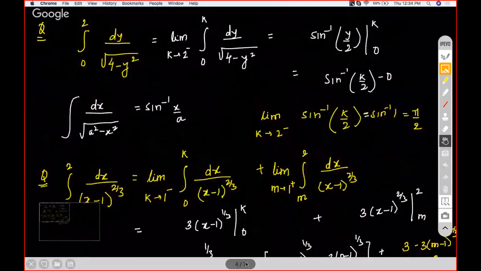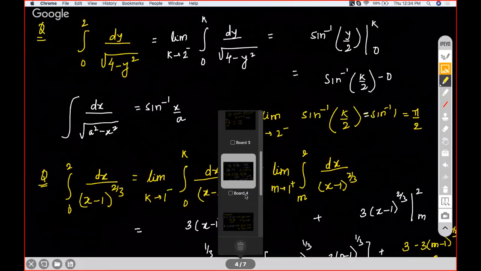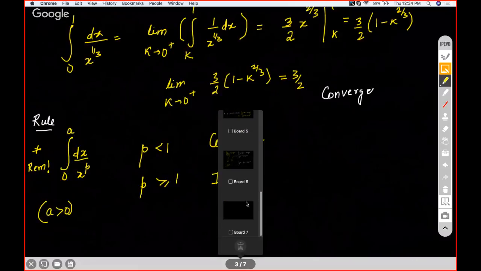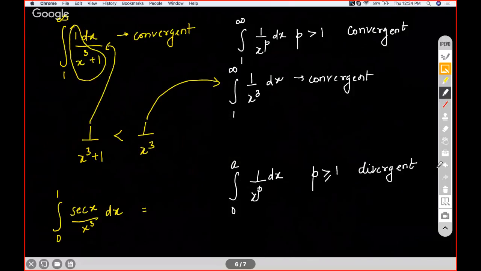It was in the third slide. Look at the rule over here: 0 to 1, p greater than or equal to 1, it diverges. I was seeing the 1 to infinity. Okay, so greater than or equal to 1, it diverges. So it's divergent. Even that one is divergent. So the integral of 1 by x cube will also be divergent.